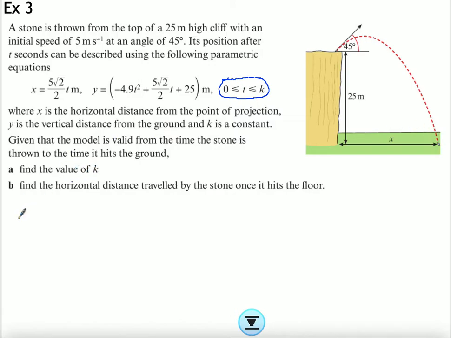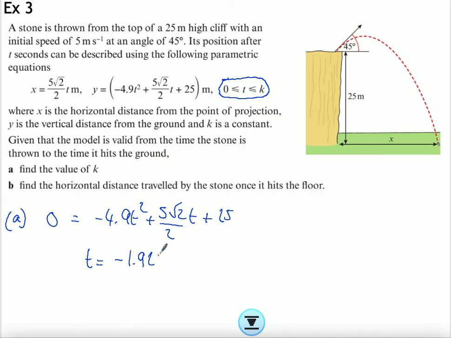So we're going to set, for part A, this horrible looking quadratic equal to 0. And, you know, we can substitute this straight into the quadratic formula, or we could use the function on our calculator. But we get the values t is negative 1.926, and we also get t is equal to 2.648.